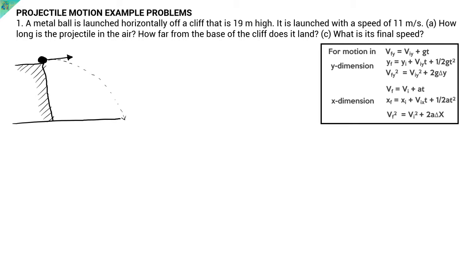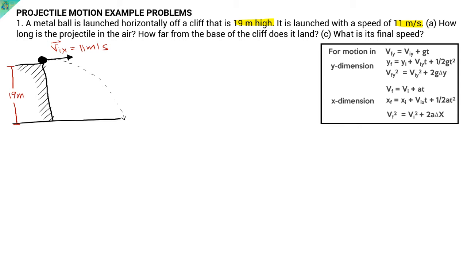Okay, and let's write down our givens. First, we have here a 19 meter height, and it's launched with a speed of 11 meters per second. So this is 19 meters. And its initial velocity on the x-axis is 11 meters per second.